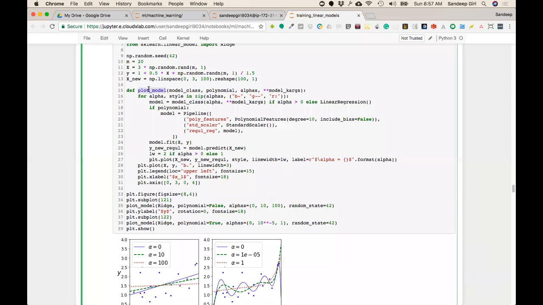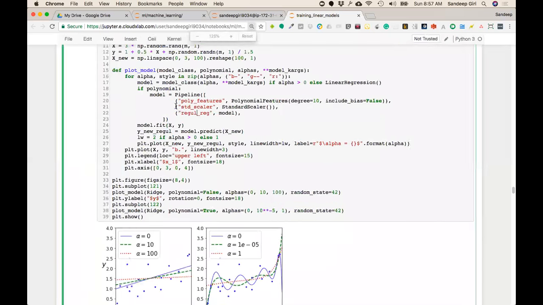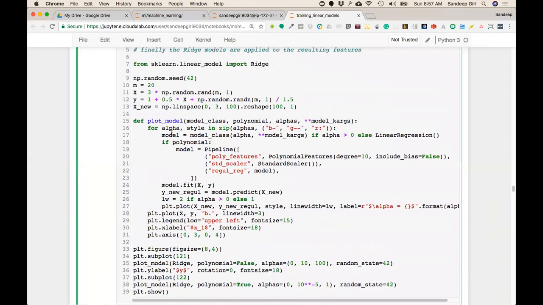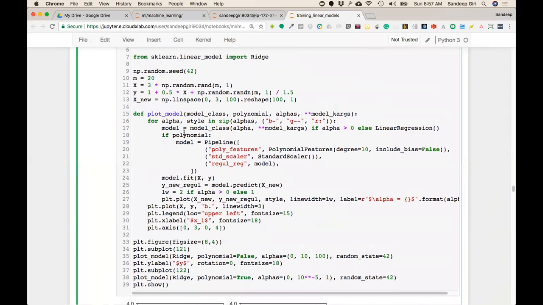So what we have done here is, let me just increase the font and explain to you. We have created a class called plot model. And this plot model does multiple things. Number one, it first of all creates a model, this is the model, then adds this to the pipeline. This is where it's adding it to the pipeline. The way it's adding the polynomial feature, then adding a standard scaler, and then doing the regularization.